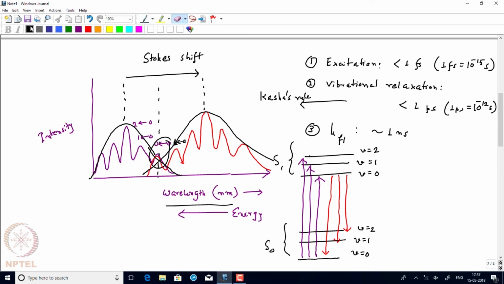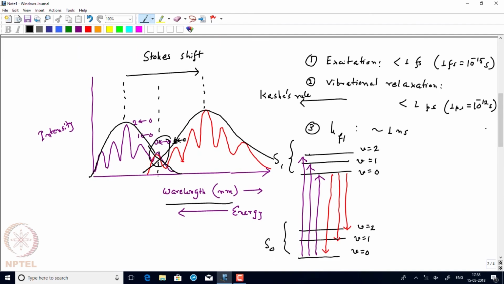And so there is a characteristic shift of the fluorescence spectrum with respect to the absorption, and this extra energy shift means extra energy has gone somewhere. This has been accounted for by vibrational relaxation and all other non-radiative processes, because everything will come back again to the ground state, and due to this vibrational relaxation, that extra energy can be accounted for.